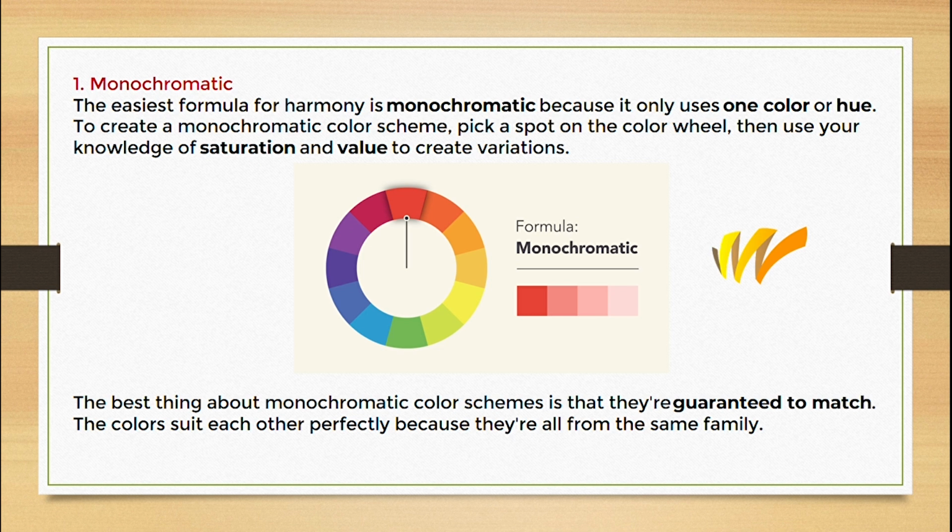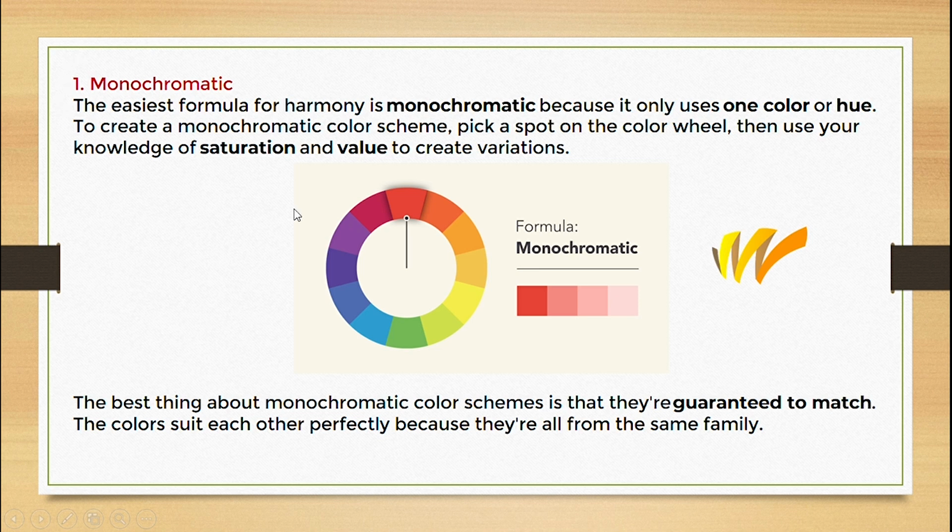I love working monochromatic. The easiest formula for harmony is monochromatic because it only uses one color or hues. To create a monochromatic color scheme, pick a spot on the color hues, then use your knowledge of saturation and values to create variations. So what is monochromatic?